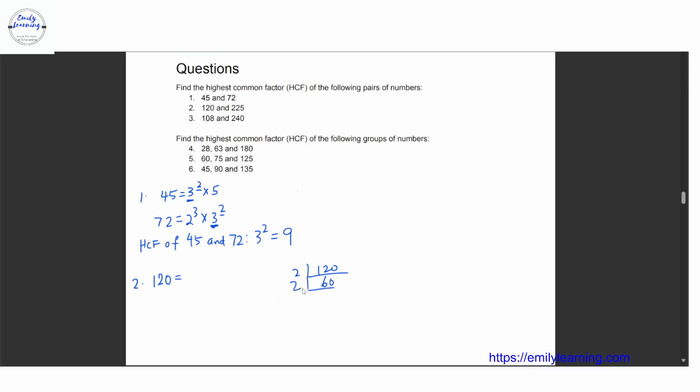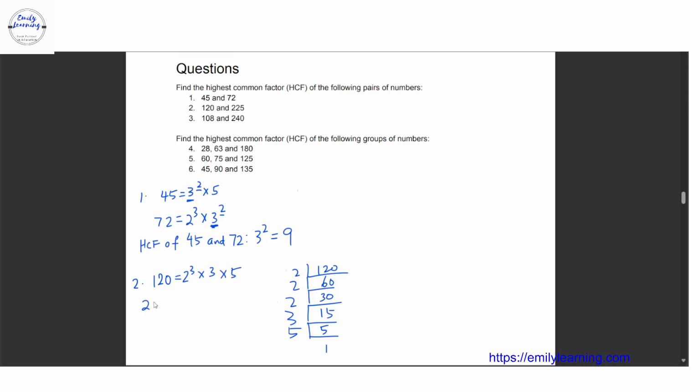I'm left with 60. Divide by 2 again, I get 30. Divide by 2, I get 15. Now it's an odd number, so it can no longer be divided by 2. So I'll try 3. When I divide by 3, I get 5. 5 divided by 5, I get 1. So in other words, 120 can be written as 2 cubed times 3 times 5.